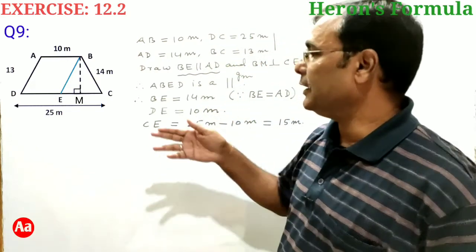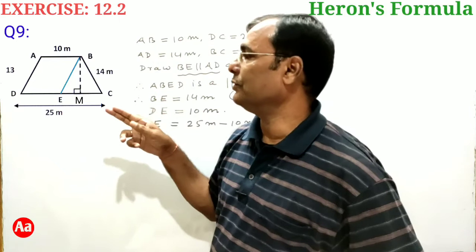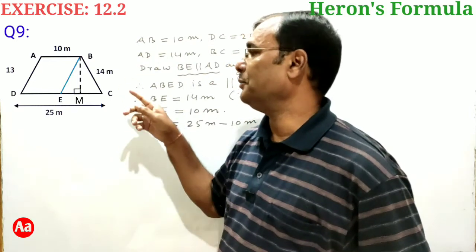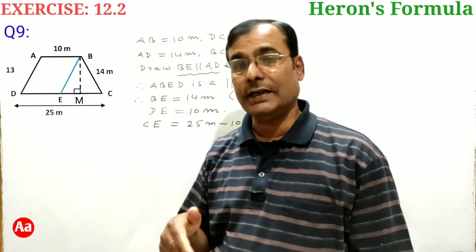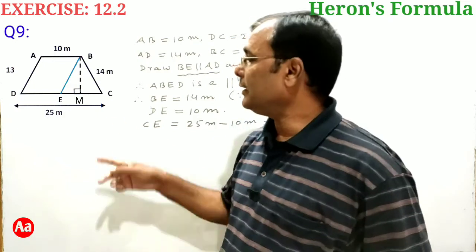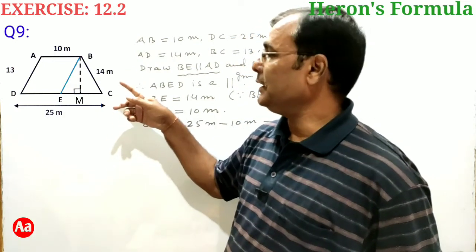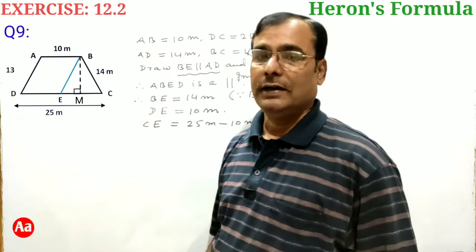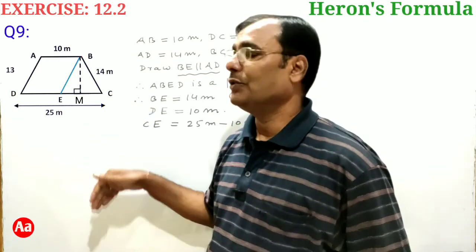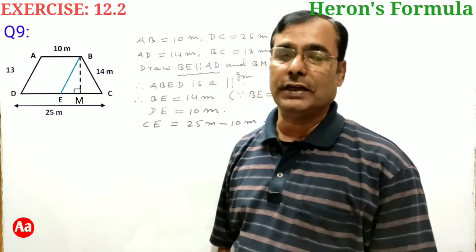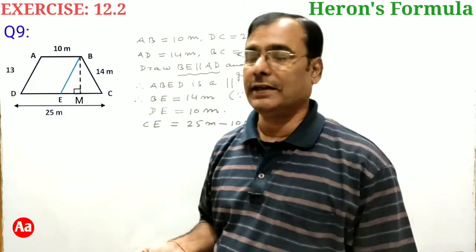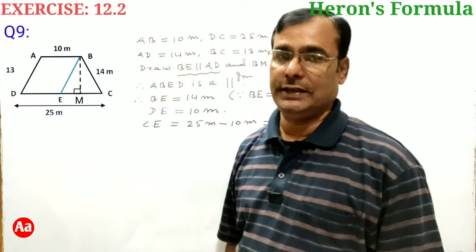After that, BM we have already drawn is the altitude, I mean height, of triangle BCE. So that altitude we can determine, and this altitude BM of triangle BCE will also be the altitude, or we can say height, of trapezium ABCD.